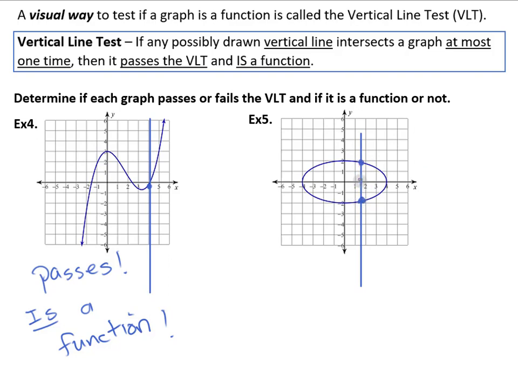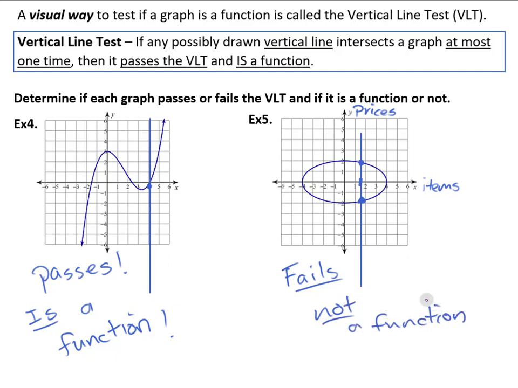So for this given x value, there are 2 different y values. There's 2 different prices for this item. So you can think of this as x being our items, y being our prices. For that particular item, there are 2 different prices. This is not a function. So we'd say this fails the vertical line test and is not a function.